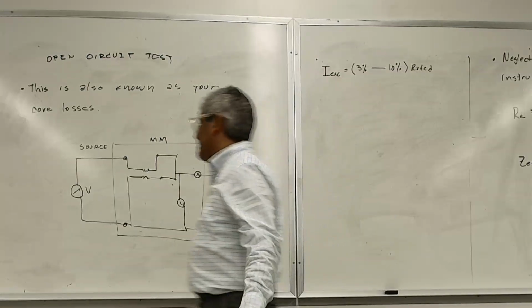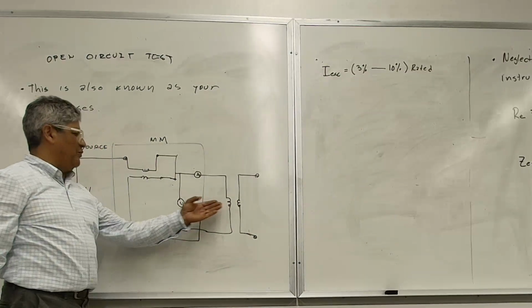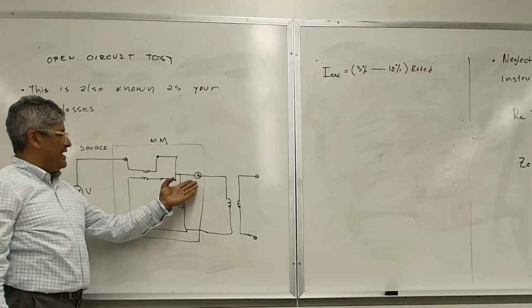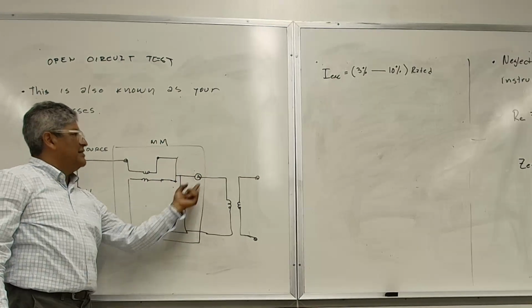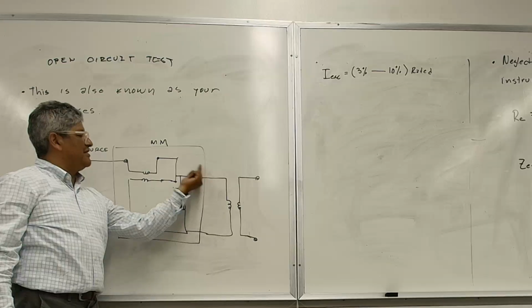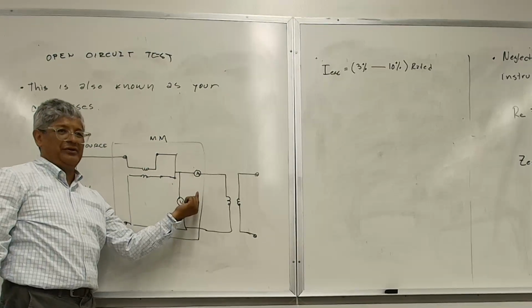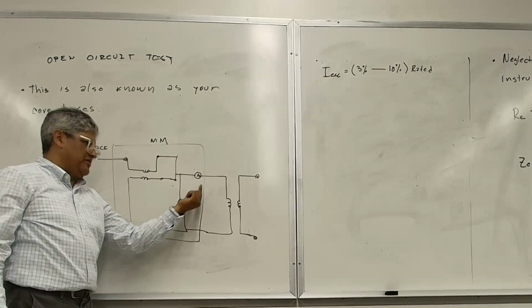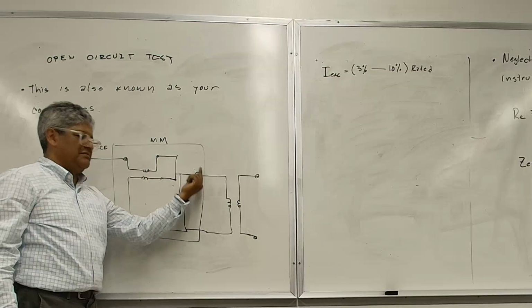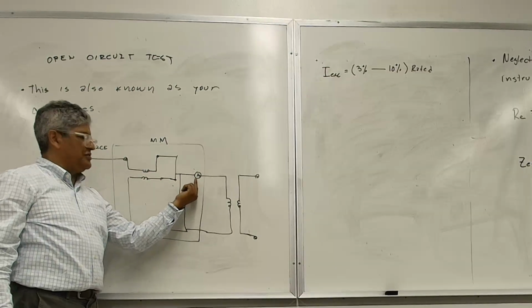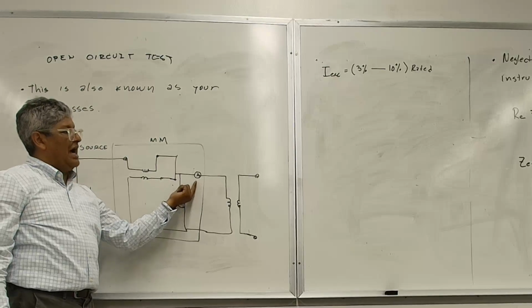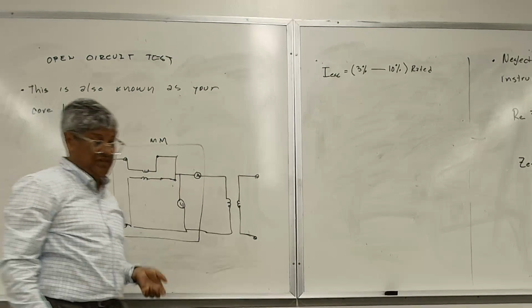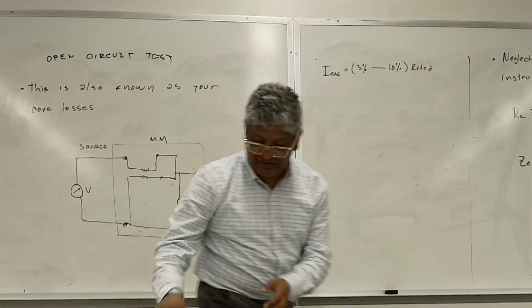In other words, what you're trying to achieve is to get the current that this ammeter sees to be between 3 and 10% of what it's rated for. Okay? So if the transformer is rated for 10 amps, all you need to do is to get this value to be between 3% and 10% of the 10 amps. That's all you're trying to achieve.